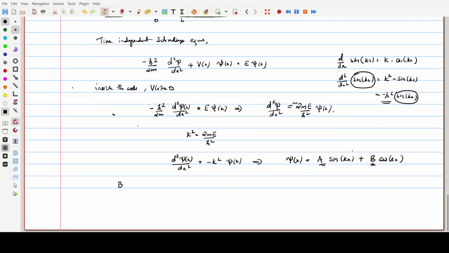So the boundary conditions: the wave function must be 0 at x equal to 0 as well as at x equal to L. Now using these boundary conditions, it is possible to find the integration constants A and B. First we take psi of x is 0 at x equal to 0.